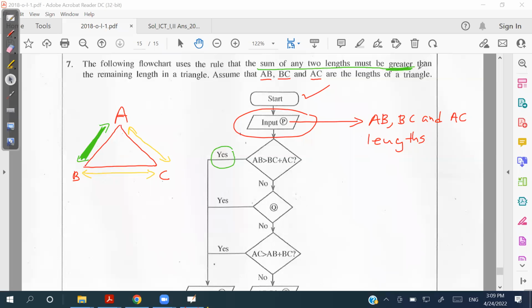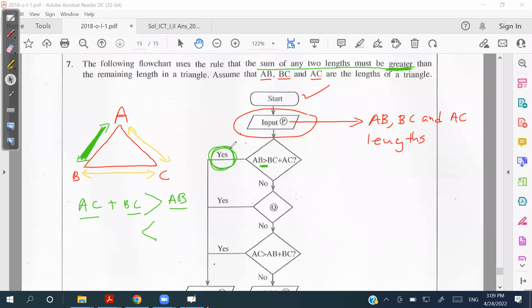So if we take AC and BC, AC plus BC must be greater than AB for AB, BC, and AC to be the lengths of a triangle, right? Since the condition is asked the other way around here, if it is yes, we can directly say it's not going to be a triangle.